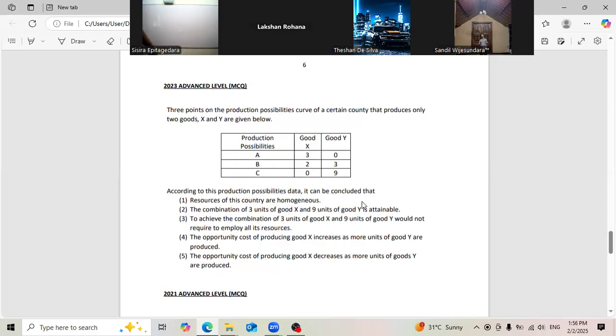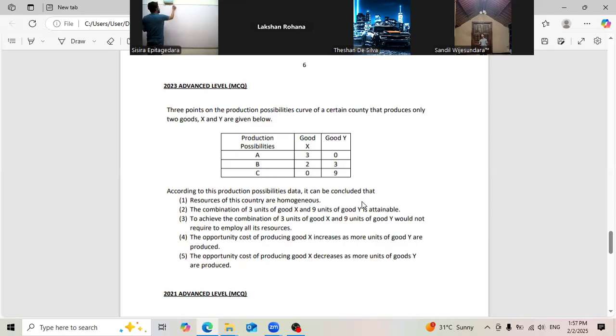Point X and Y. Here, how does X production change?